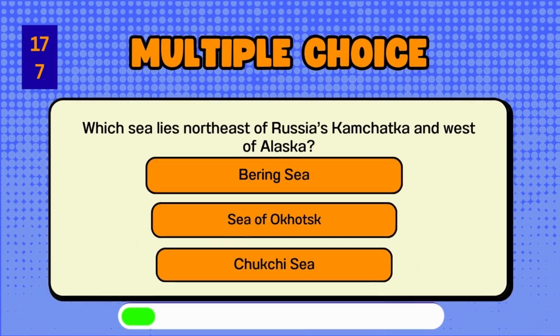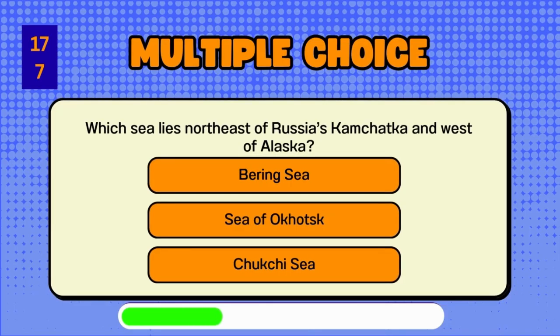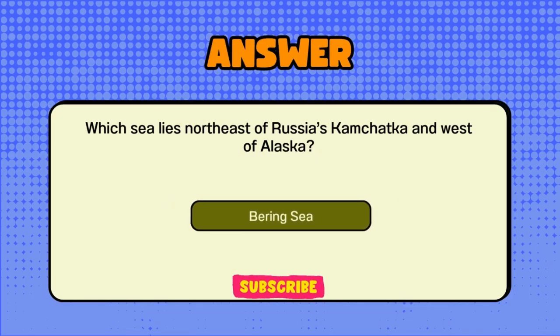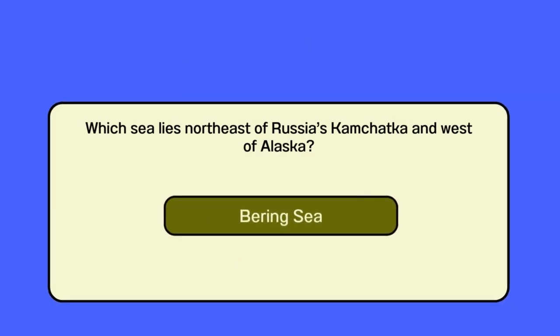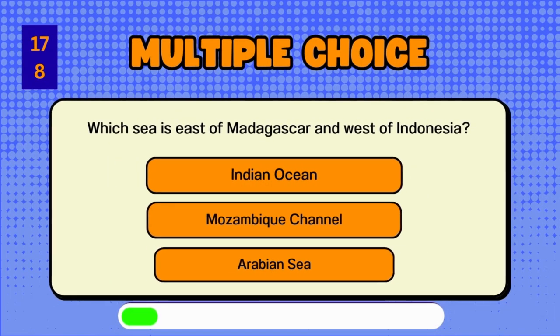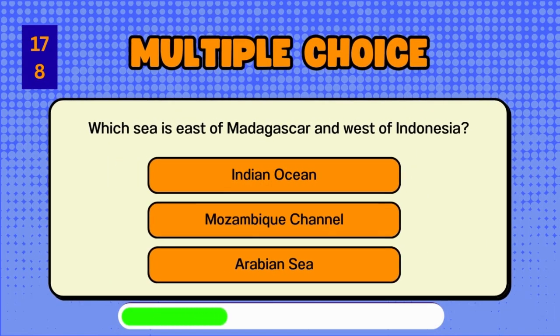Which sea lies northeast of Russia's Kamchatka and west of Alaska? Which sea is east of Madagascar and west of Indonesia?